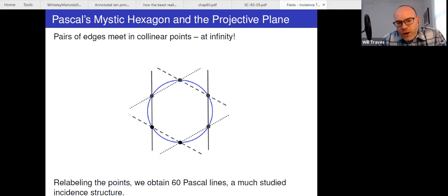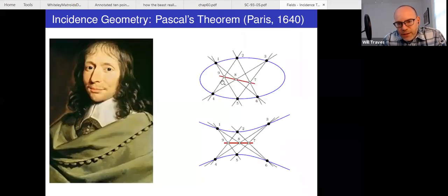I guess I have one more comment about Pascal's theorem before we leave it. Let's just go back to it for a second. We get this red line, these 3 points on it, and we get it with this combination of labels on the points.